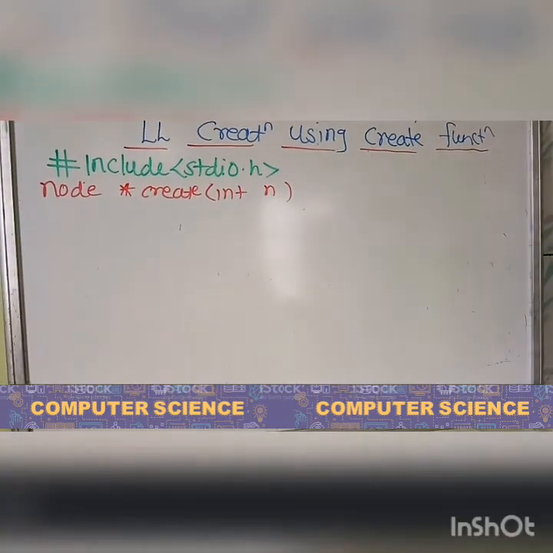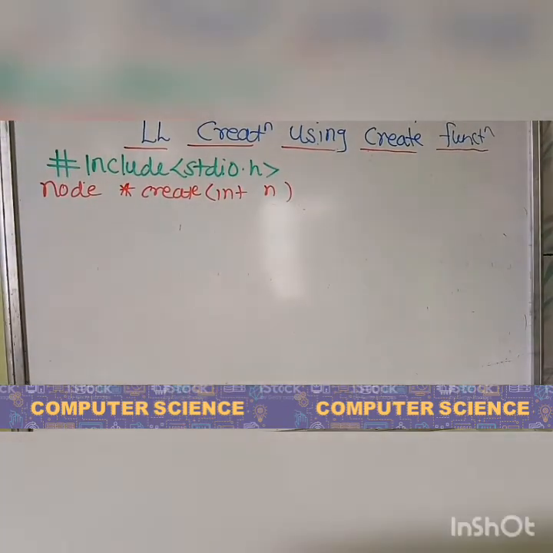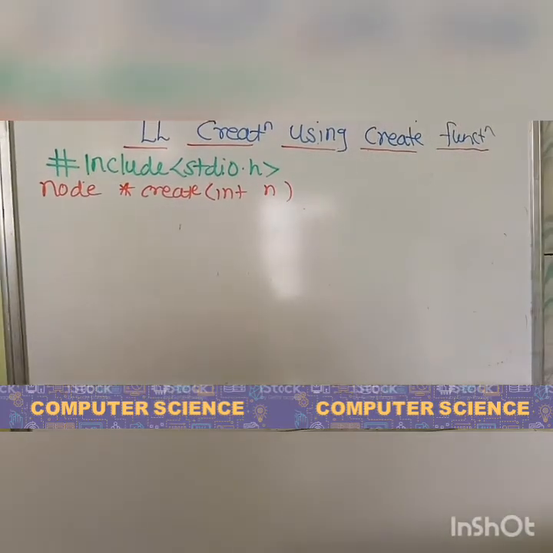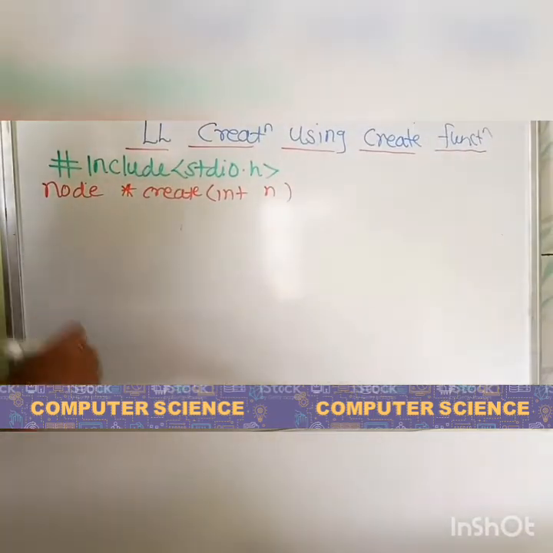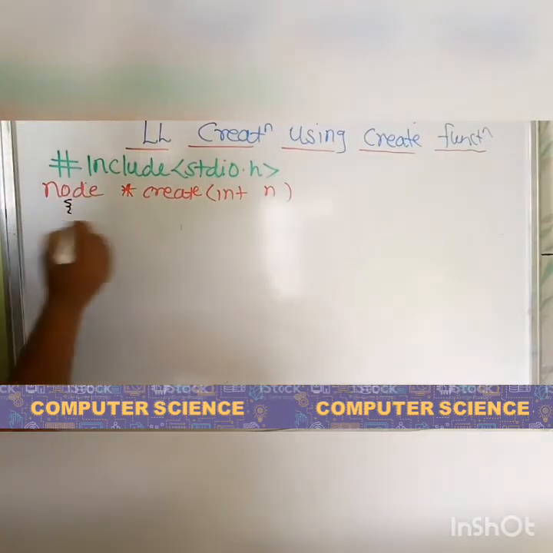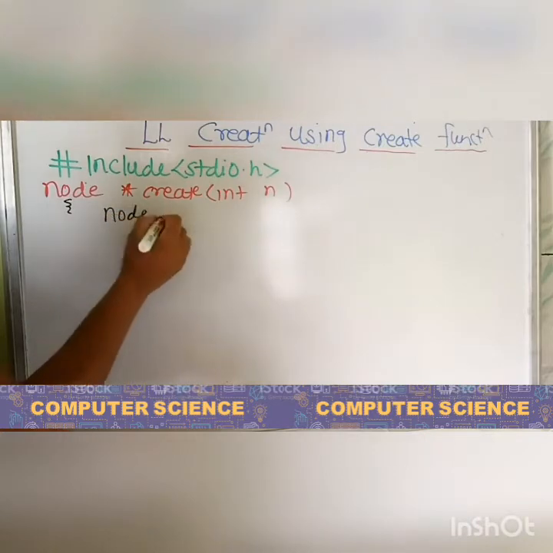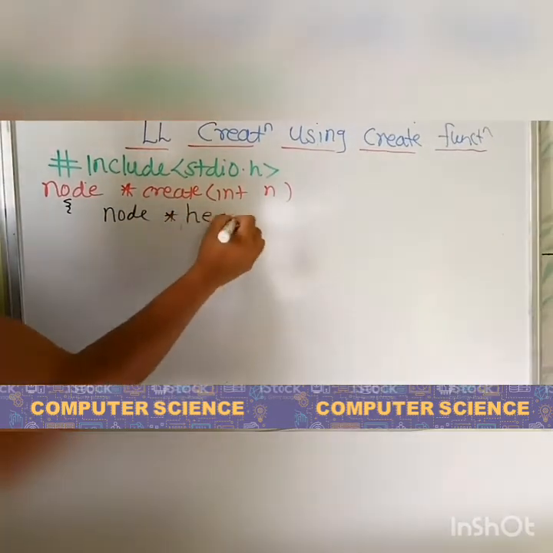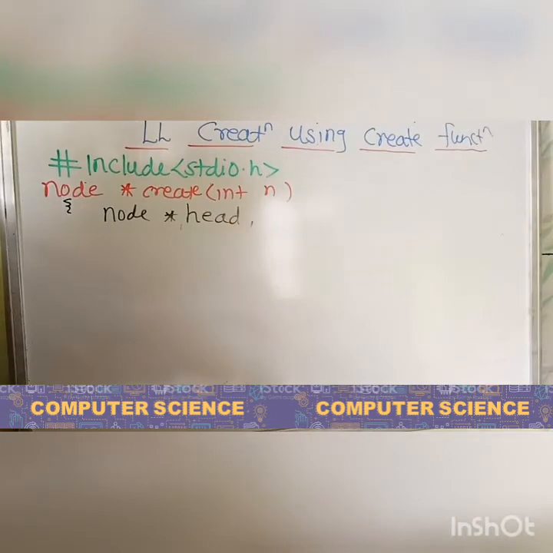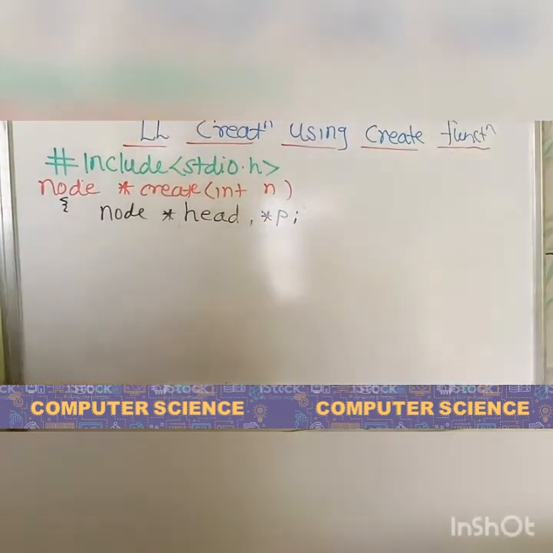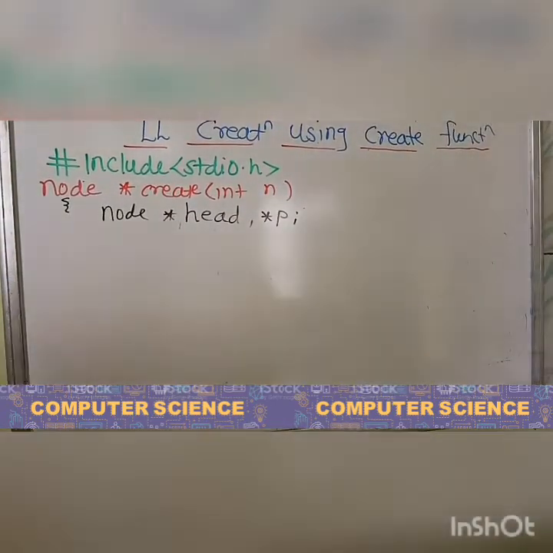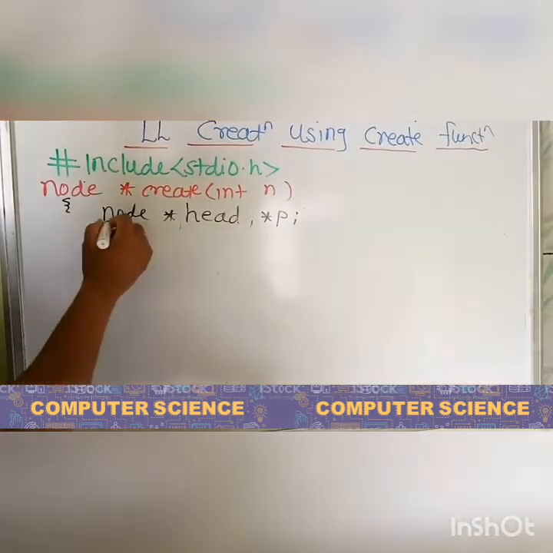Now as we have declared the head node, we have to take some dummy nodes to handle our list, so we will take them as node *head node. Then for handling the further, we will take p as a dummy node, then integer i for the for loop handling.